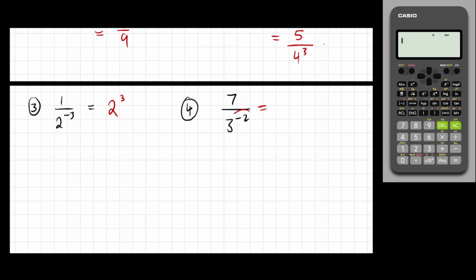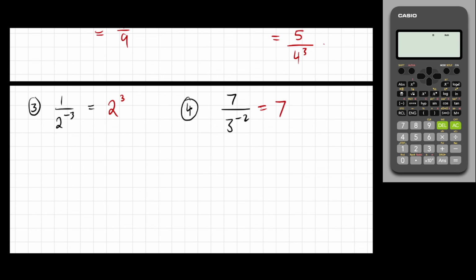So see how this one has a negative 2 index there? We want to move this whole guy to the top and swap it from a negative to a positive, okay? Now, the 7 doesn't have anything with it. But let's say the 7 had a negative 5 there, then it would go down to the bottom. But because there's no negative there, we just keep it at the top.